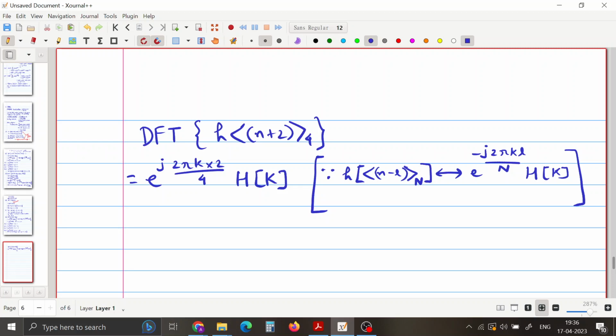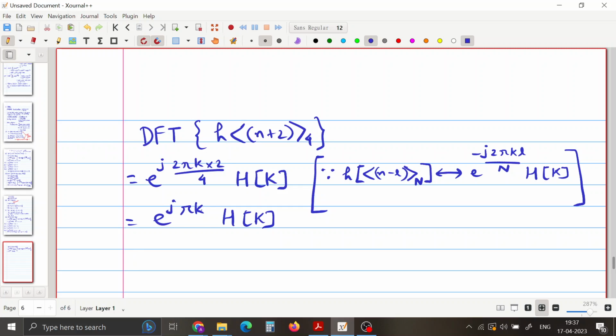So this is nothing but e power j pi k times capital H of k, and again e power j pi is minus 1.